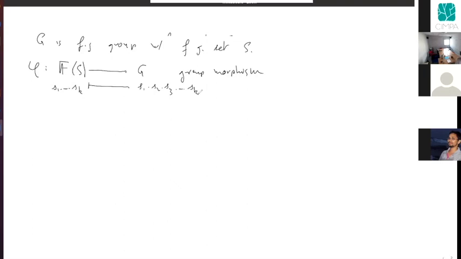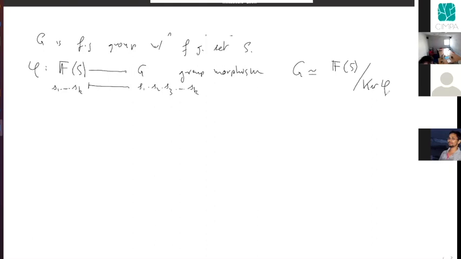And so the universal property of groups will tell you that your group G will be isomorphic to the free group on the letters coming from S divided by the kernel of this map.